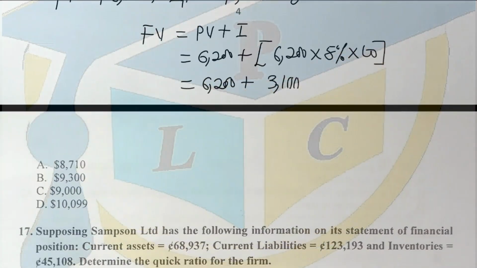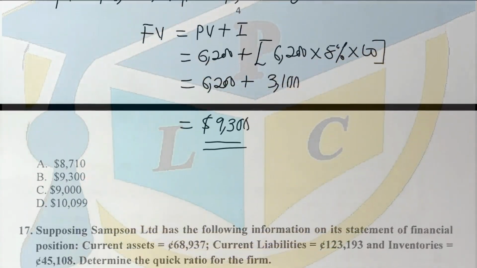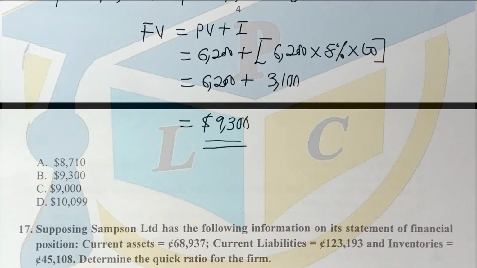Help me with your calculation and let's see whether I get the same thing. When I add the two, I'm going to get $9,300. So that is how much money Gerald will have if he invested 6,200 in an account that pays 5% simple interest for 10 years. So it's going to be 9,300, together with the present value or the principal and then the interest.